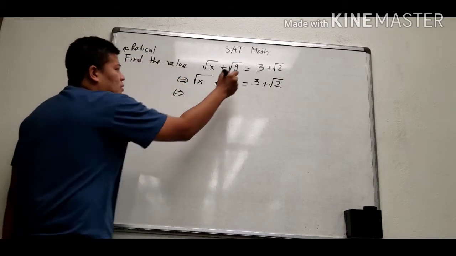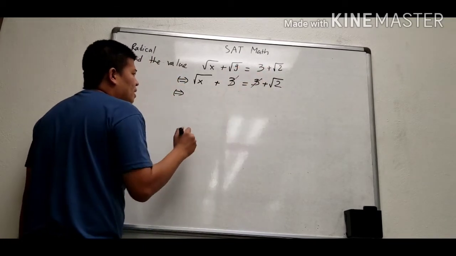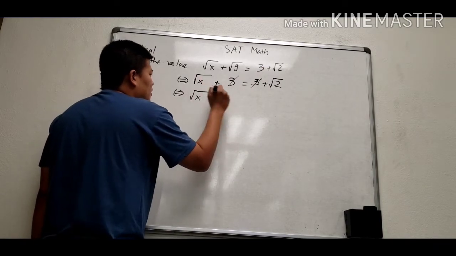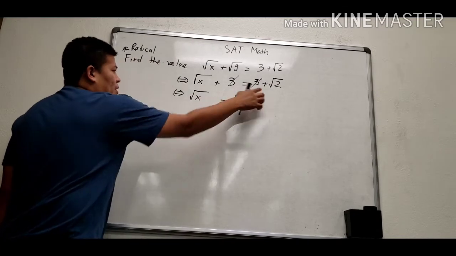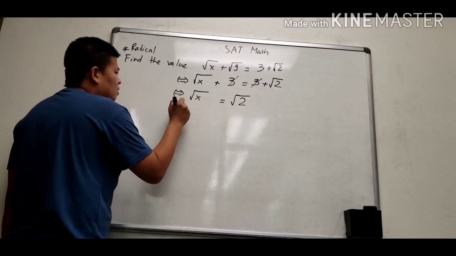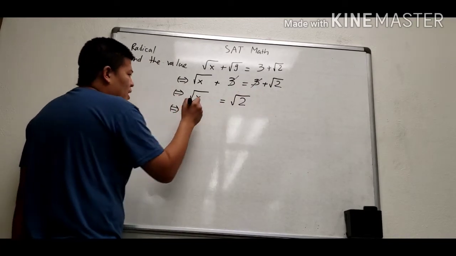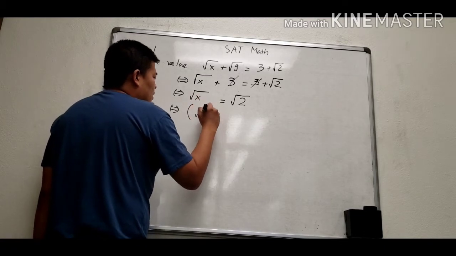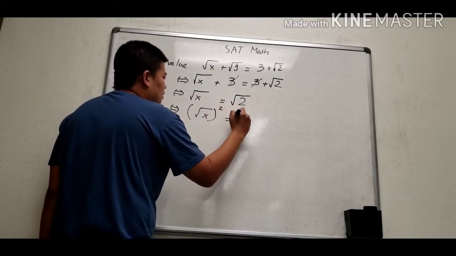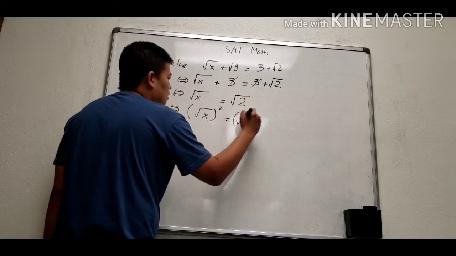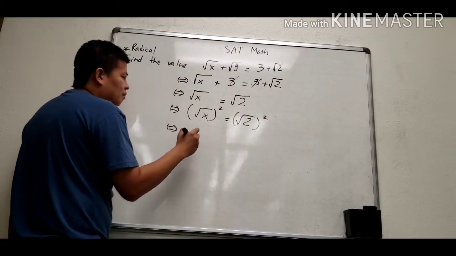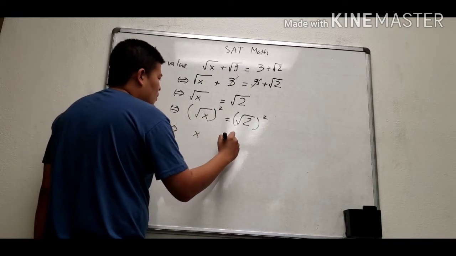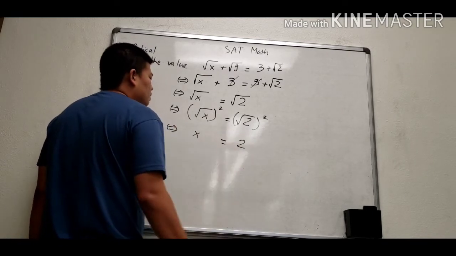And we know that 3 on both sides we can eliminate. And we have the square root of 2. In here, we square both sides. So we get s equal to 2.